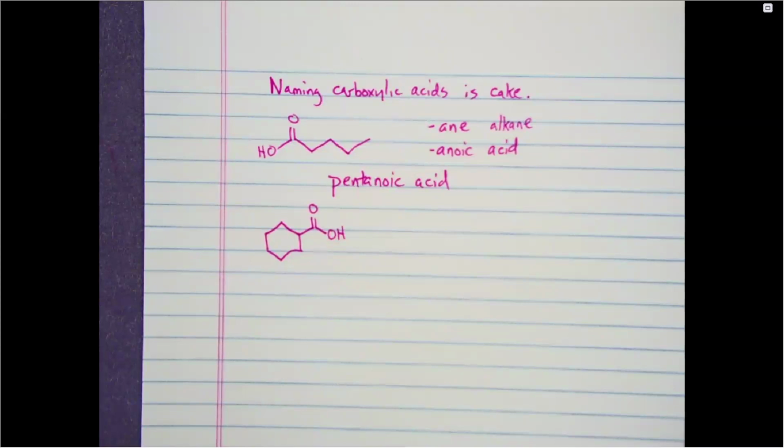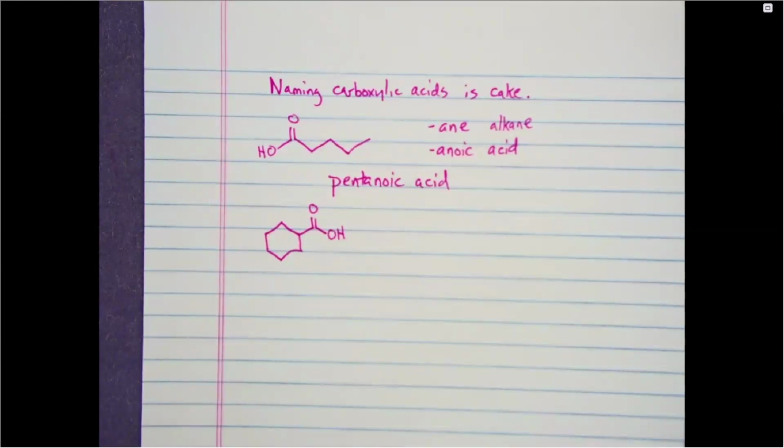What is the longest carbon chain containing the carboxylic acid here? How many carbons long is it? 1. So, as a base name, a 1-carbon carboxylic acid would be called what? Methanoic acid. So this is some kind of a methanoic acid with a Christmas decoration, right?